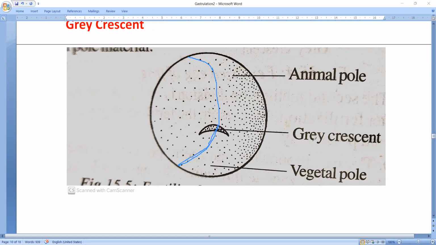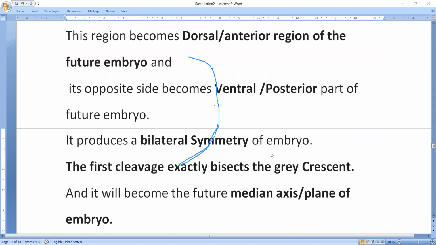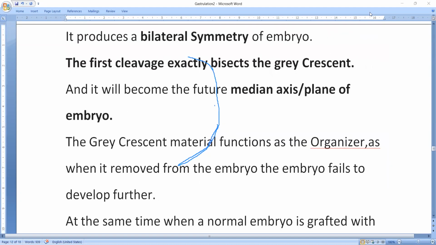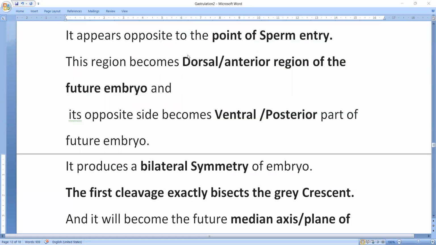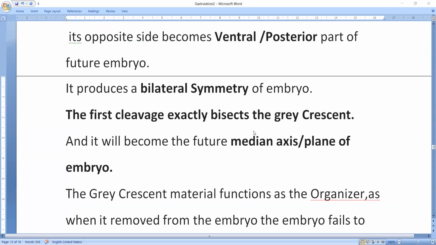So the gray crescent area becomes dorsal, and its opposite becomes ventral. Due to the gray crescent, the embryo forms bilateral symmetry.